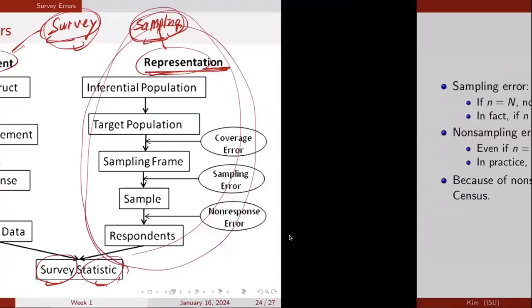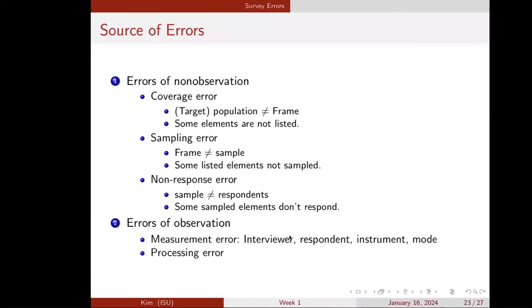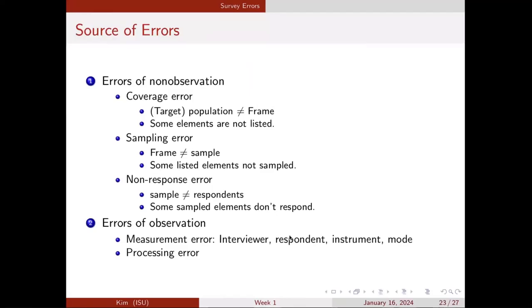Okay. So there are a lot of different types of errors, and sampling error is what we care about in 521. But other errors are also common.